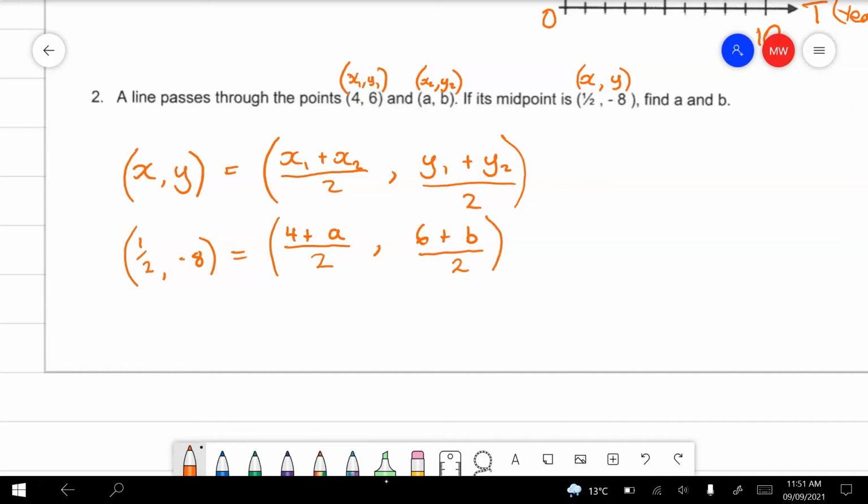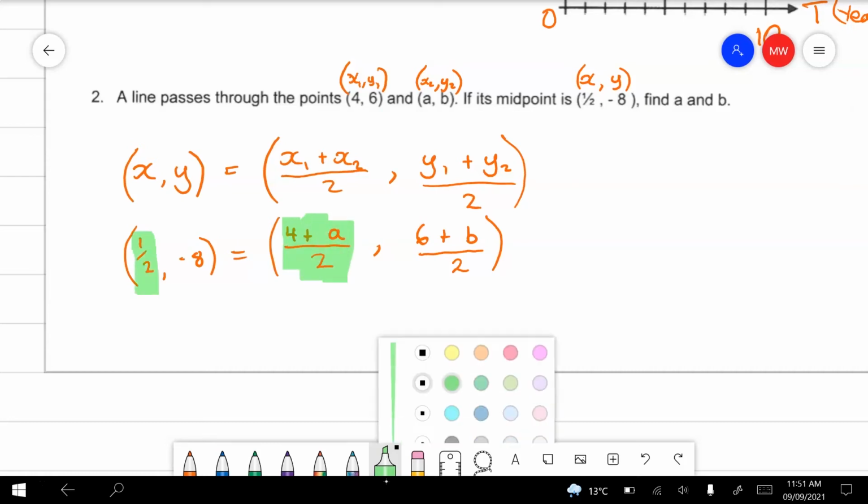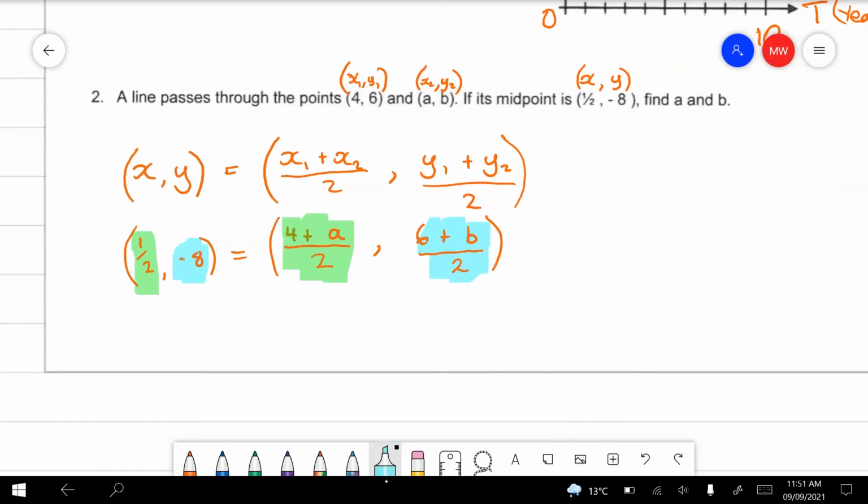And this is a bit of a funny old formula, this one. What we might do is have a look at breaking it down, because really what we've got here is this equals this, and if I change color, this equals this. So we might do it one step at a time.